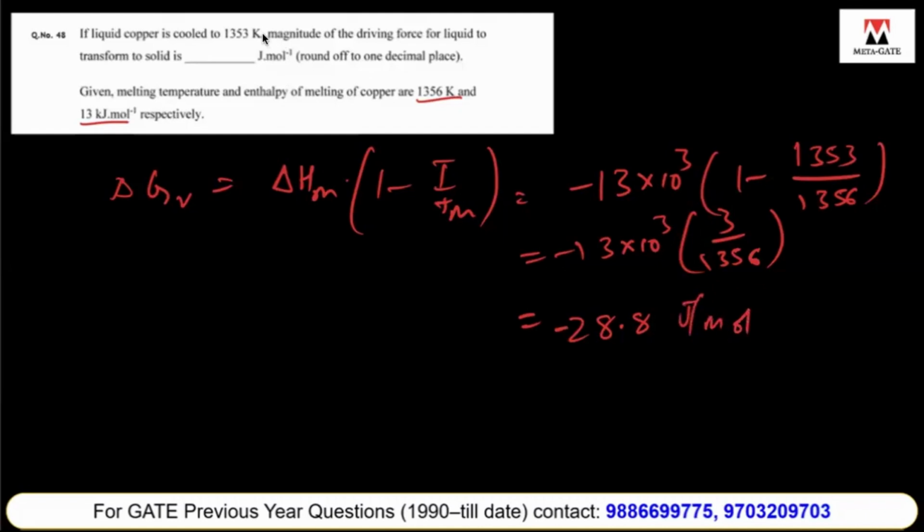But here you should see the magnitude of the driving force is asked. So delta GV is equal to 28.8 joule per mole.